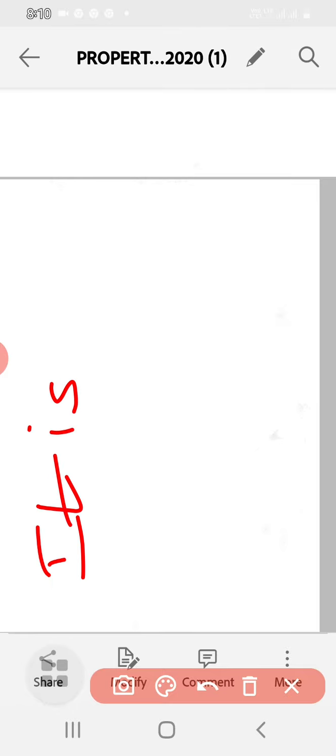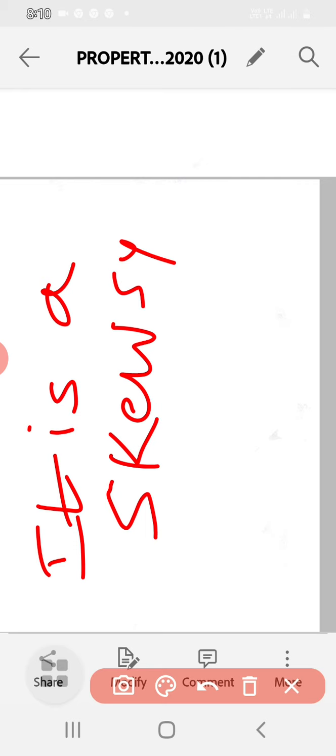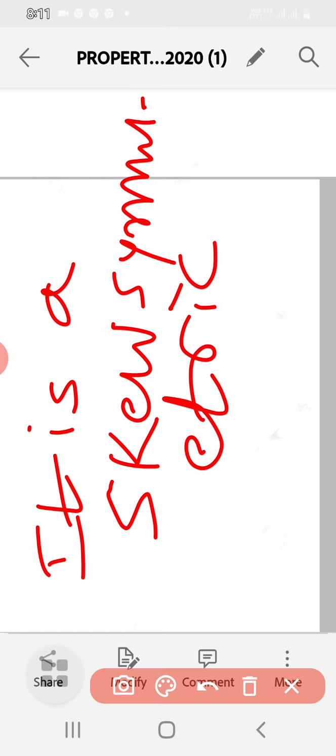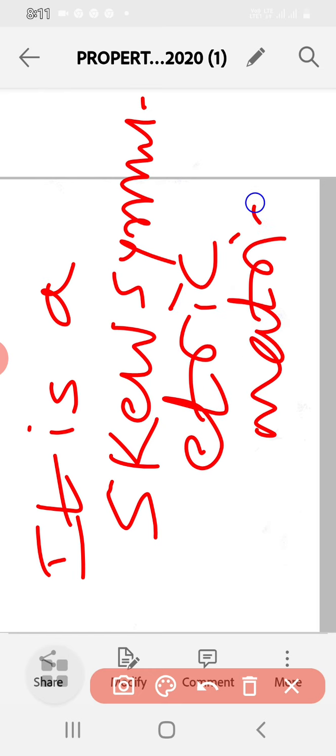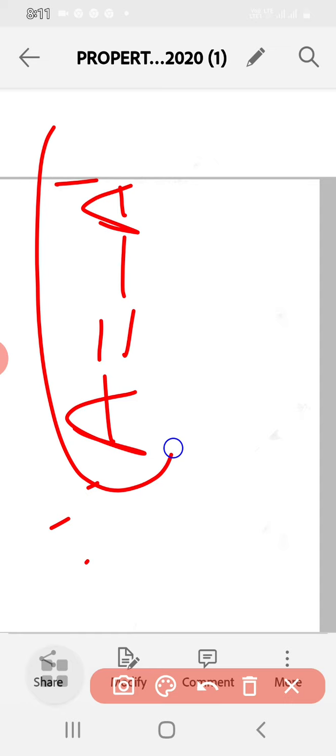So what we got on the right hand side, clearly it is a skew symmetric matrix. Okay, what we proved? Therefore A is equal to minus A dash.